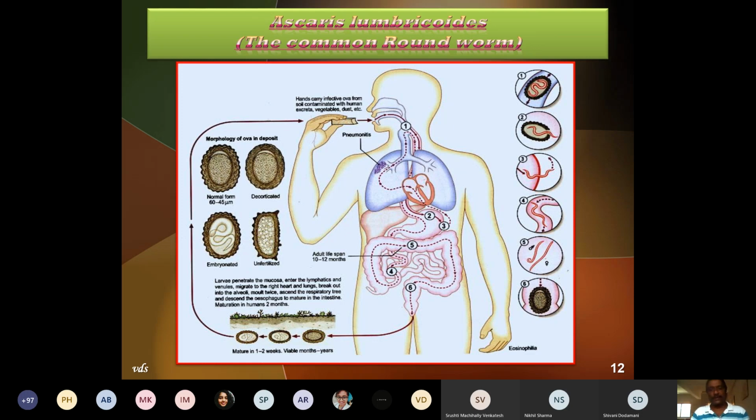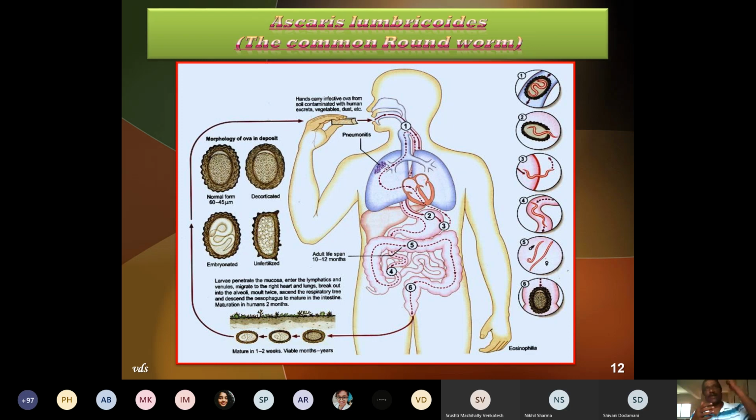Through the portal circulation, this larva is carried to the liver. During this process, this tiny larva is slowly developing. From the liver, it is carried to the right side of the heart. Then, through the pulmonary capillaries, it reaches the lungs.